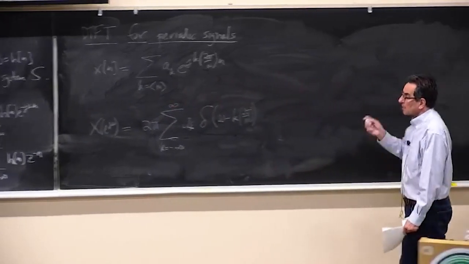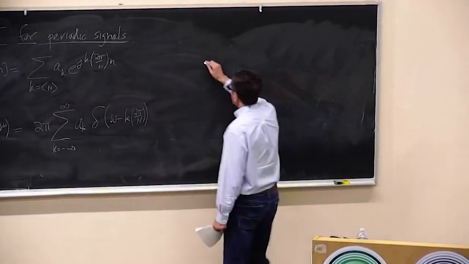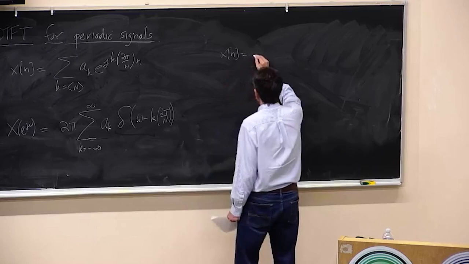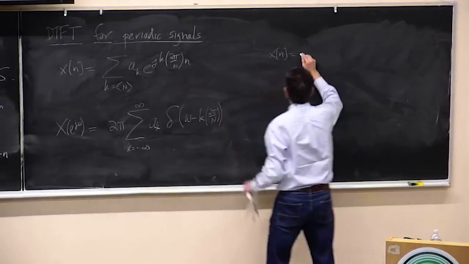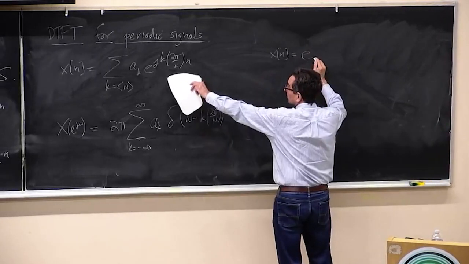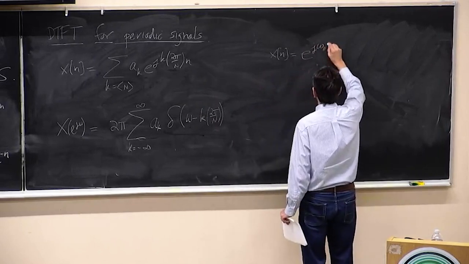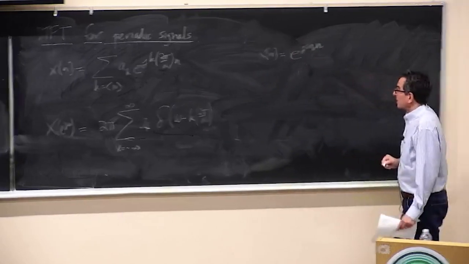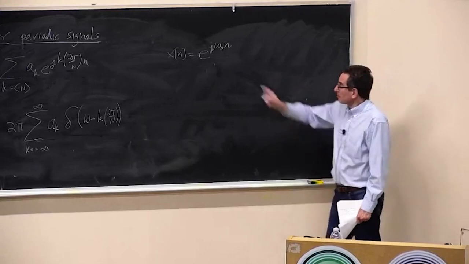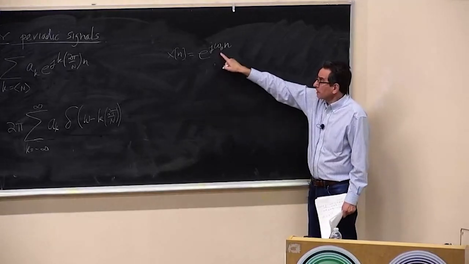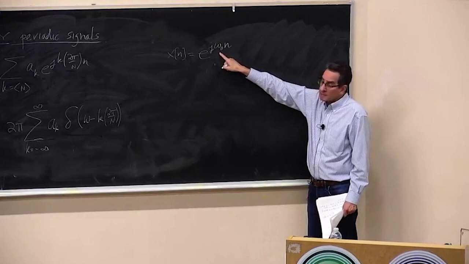Just to give you an example, suppose we took x of n equals e to the j omega naught n. I'm doing it for a general case. This was for a truly periodic signal, but we could start out by looking at x of n equals e to the j omega naught n. That might not actually be periodic unless omega naught is a rational multiple of 2 pi.